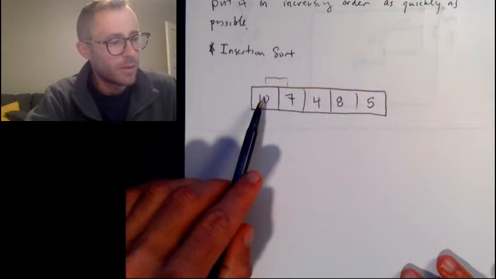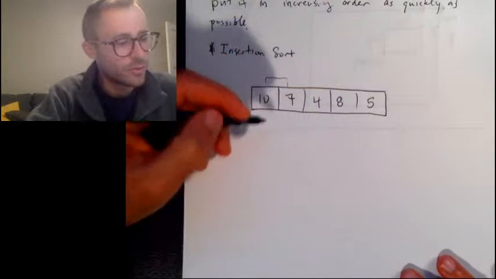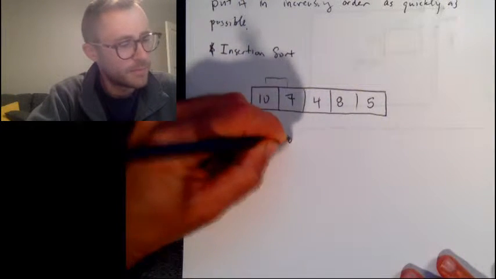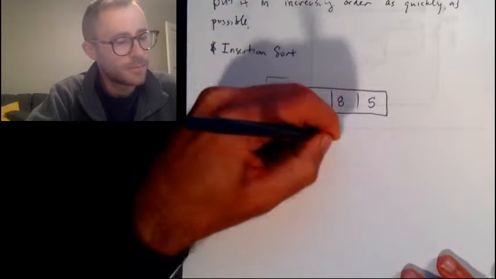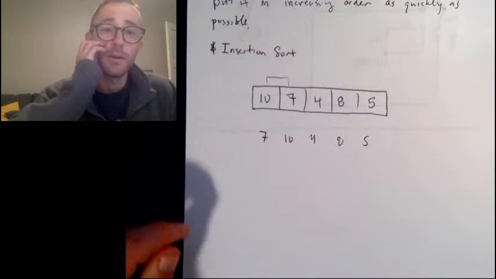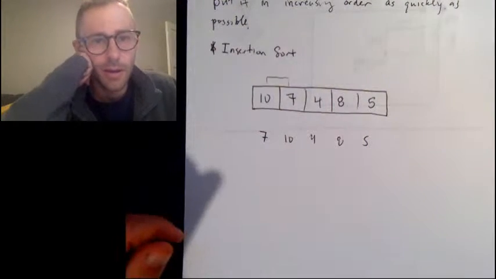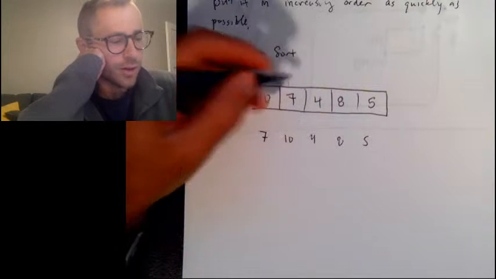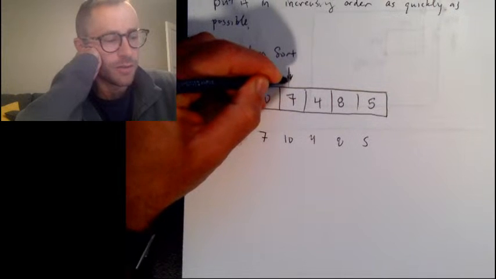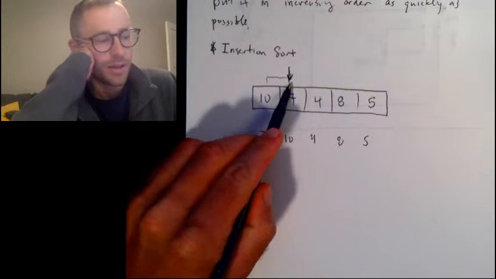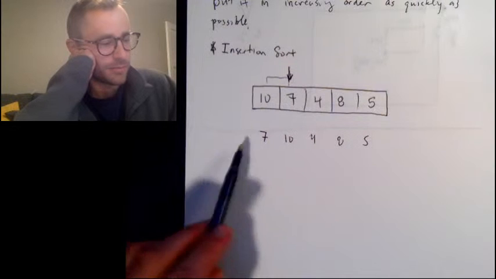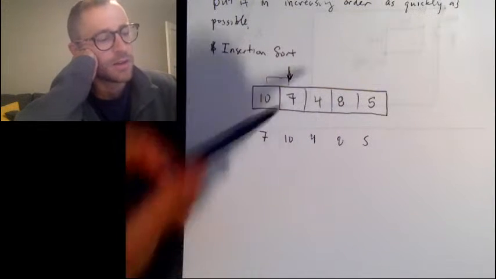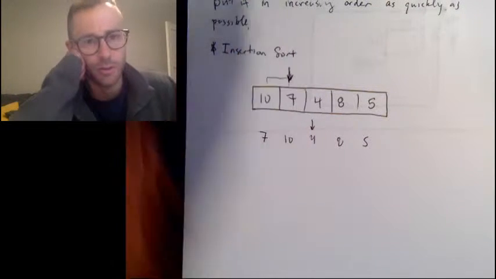So what I'm going to do is swap them. So I started out with the second element of the array, and I inserted it in front of the first element of the array. Now I'm going to go to the third element of the array.